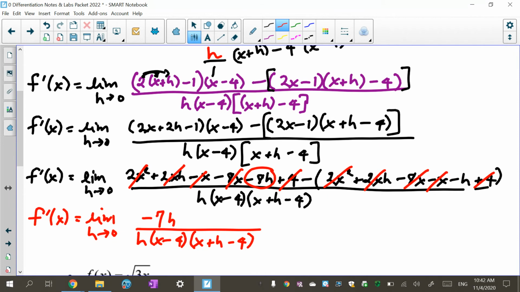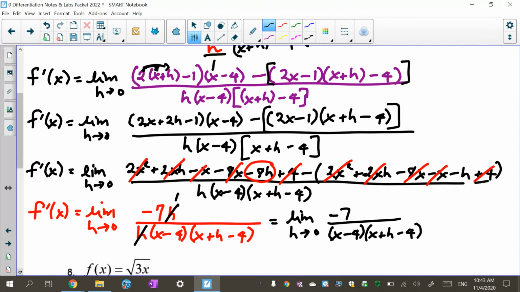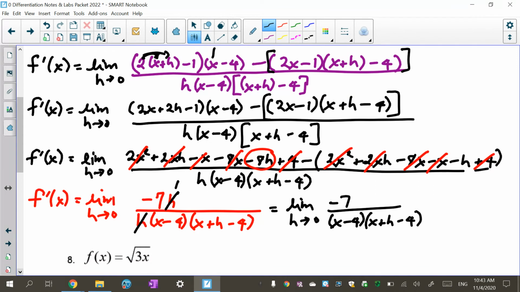And now these are all factors, and I tried putting the 0 in, and I still get 0 over 0. So now I say, oh, these can divide out and cancel to make a 1. So this is the limit as h approaches 0 of negative 7 all over (x - 4)(x + h - 4). And now I know I can plug my 0 in.